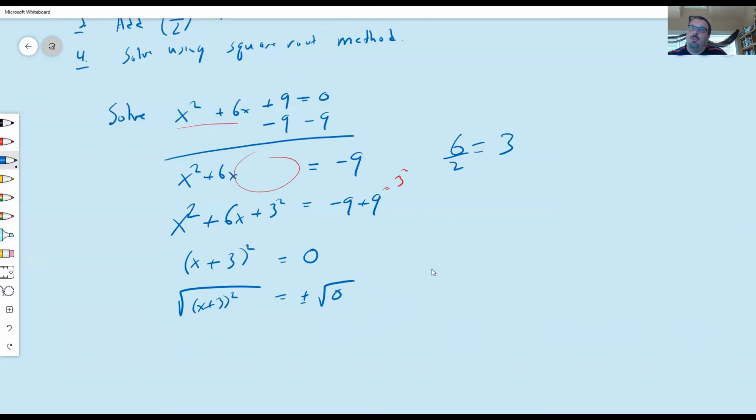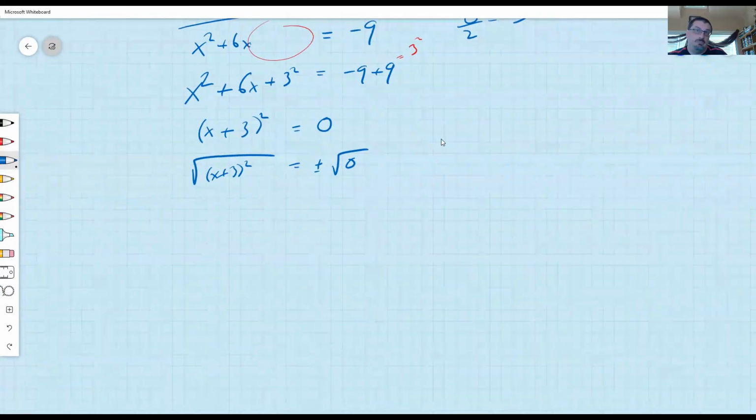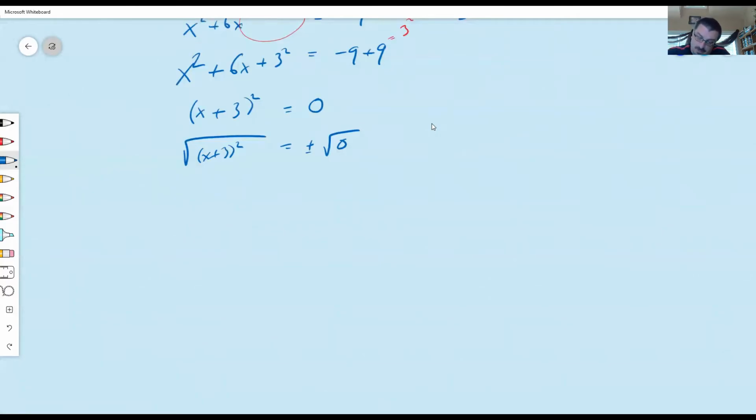Because if I skip it on a problem that doesn't make a difference, I might end up skipping on all problems because I'm just in a rut there. So the square root of x plus 3 squared is x plus 3 equals plus or minus 0, which is just 0. Solving for x equals minus 3.